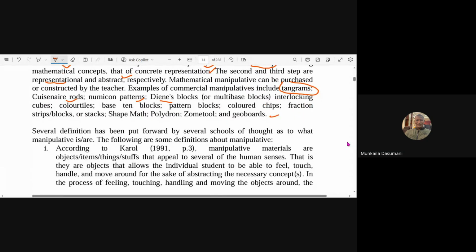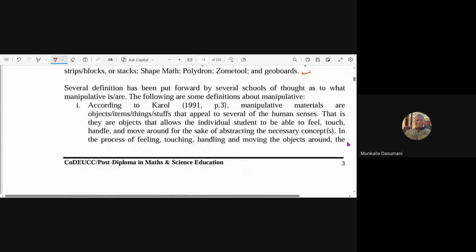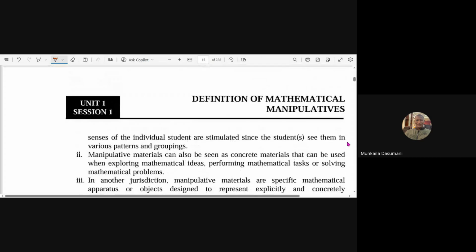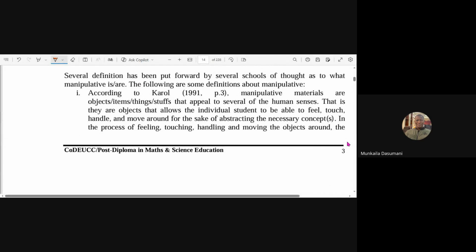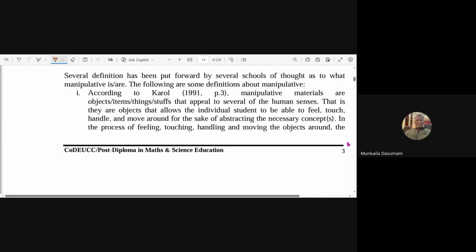We have so many definitions that have been given to manipulatives, and we are going to look at maybe two of them. The first one is according to Cairo, 1991. He said that manipulative materials are objects or items, things that appeal to several of the human senses.